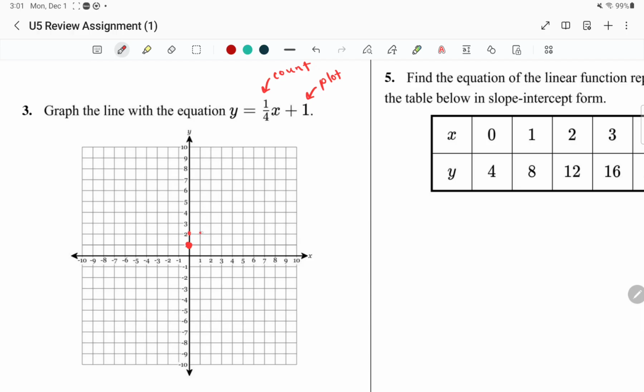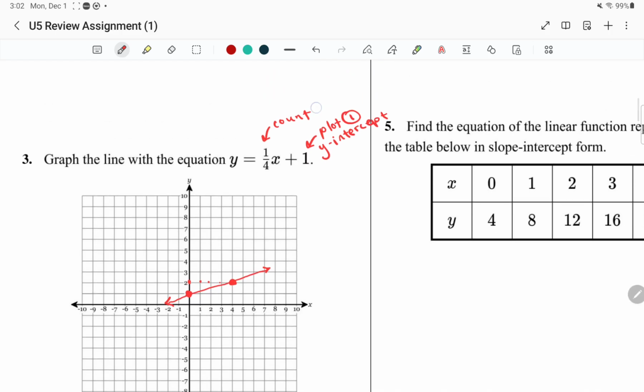Up 1 over 4. 2 dots make a line. Connect your dots. Okay. So we'll say plot y-intercept. That's step 1. Count slope. That's step 2.